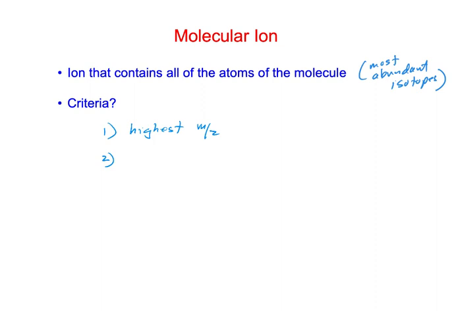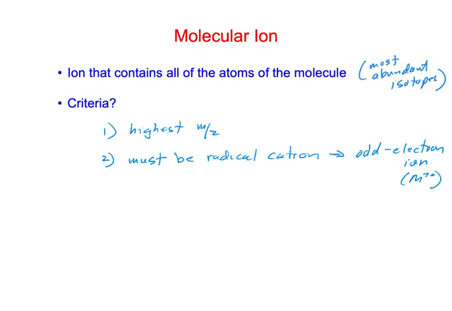For electron impact, it has to be a radical cation, which we also will call an odd electron ion, okay, because it has M plus, it has a radical, okay?